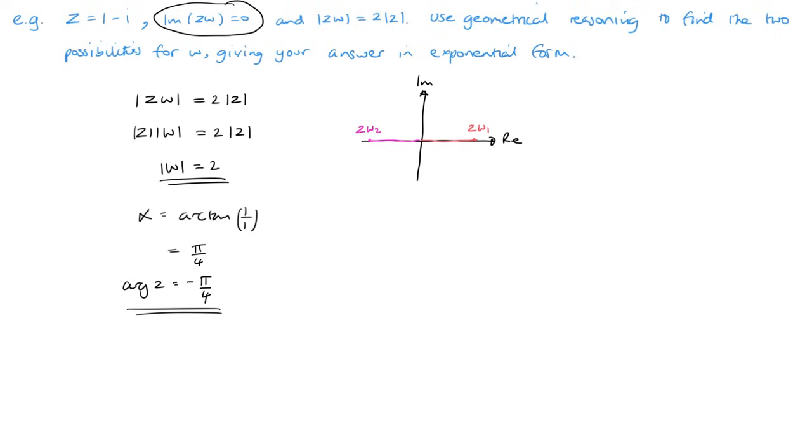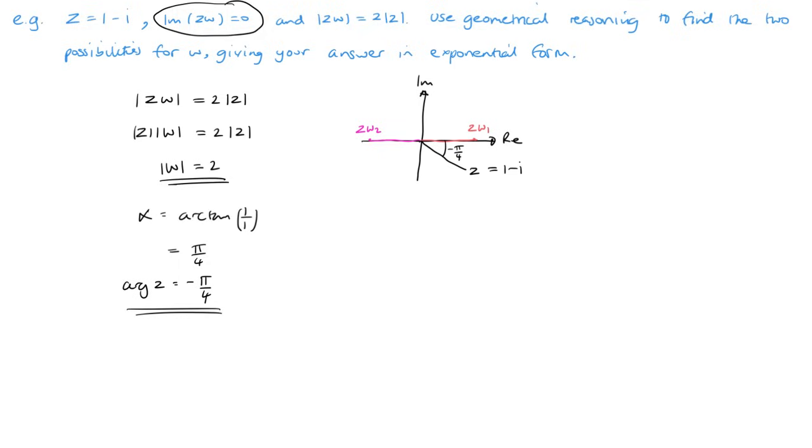So that is what we know, and we know already that Z is down here being 1 minus i, with argument minus quarter pi. That's all the information that we're given.